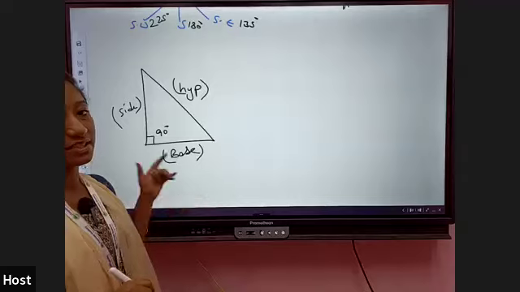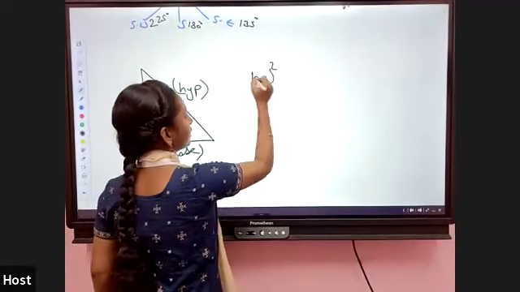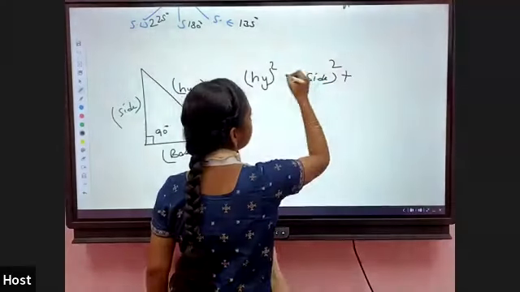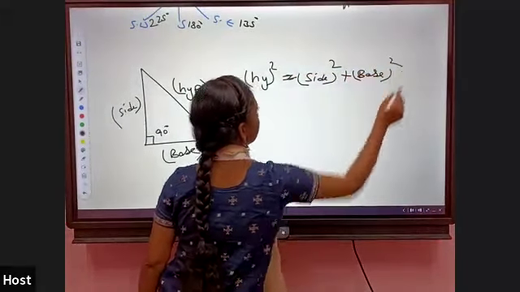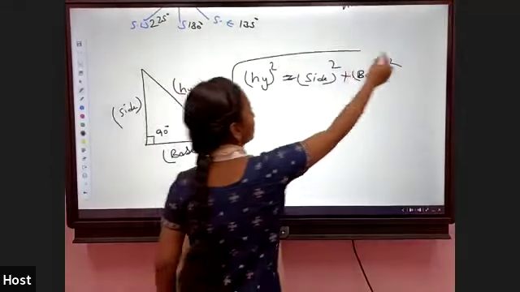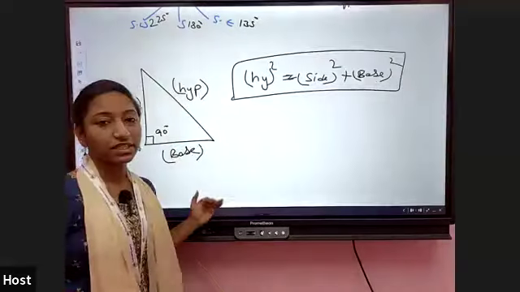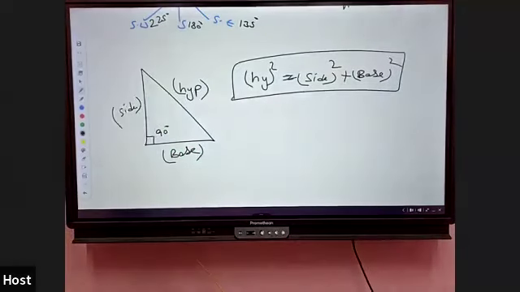The formula for the Pythagoras theorem is hypotenuse square equals side square plus base square. This is the formula for the Pythagoras triangle.